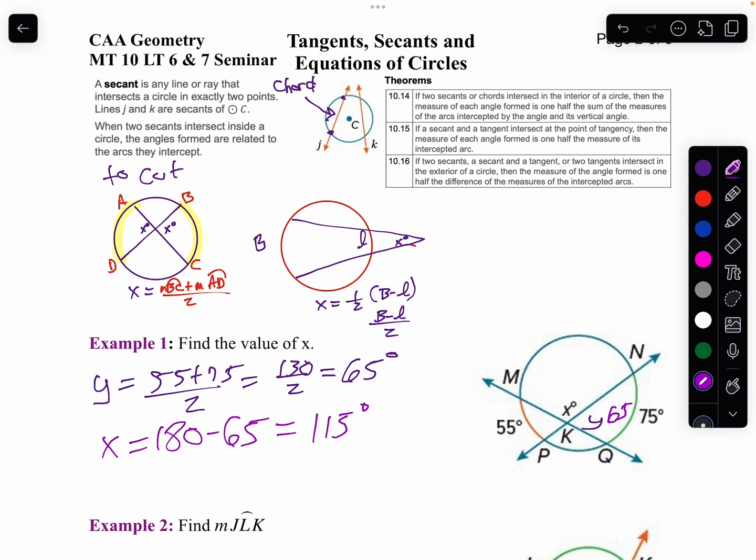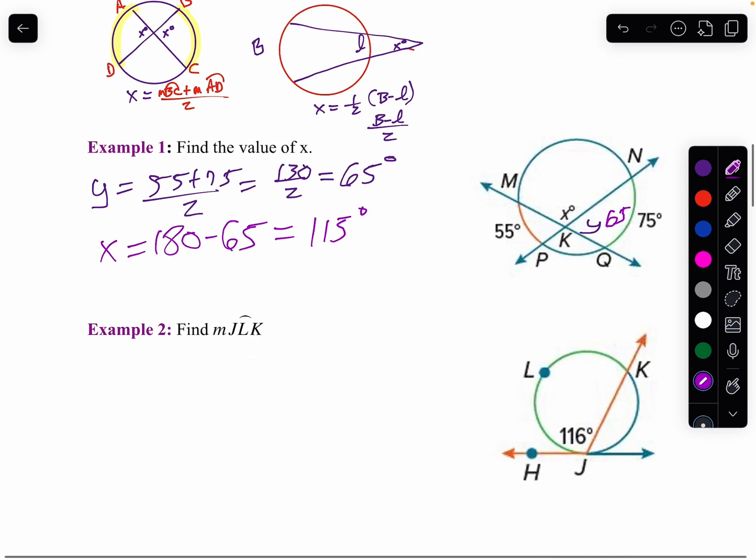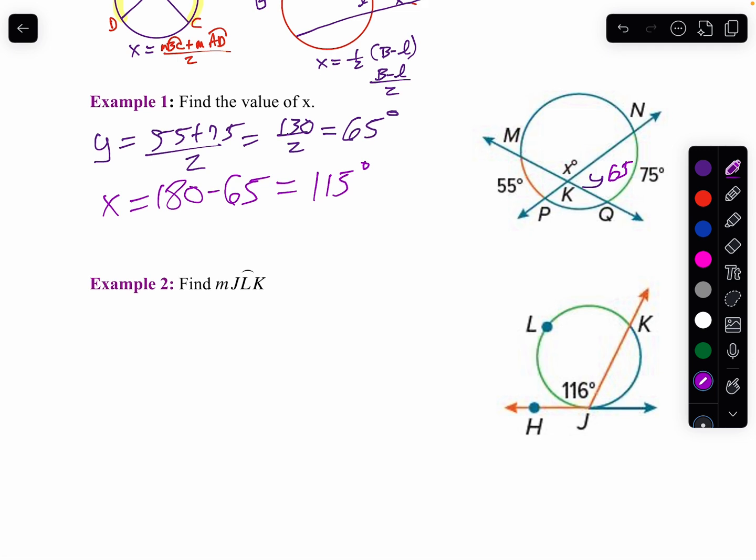Now, on example 2, notice what happens. This is one I didn't talk about in our theorem because I think it's the same thing. Notice the vertex of my angle is on the circle. Angle KJH is 116. That's going to be half of my arc.